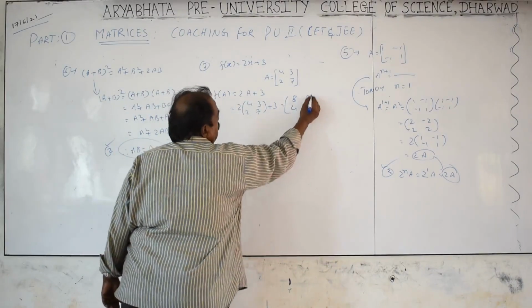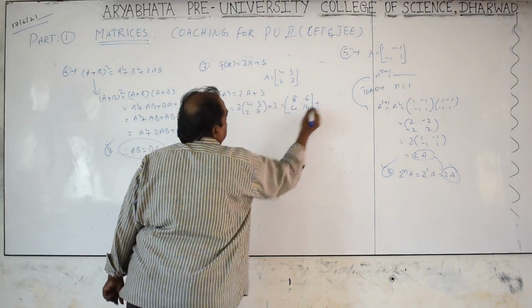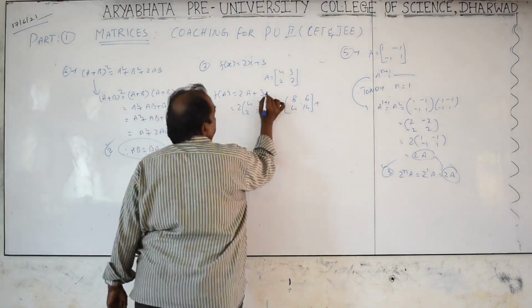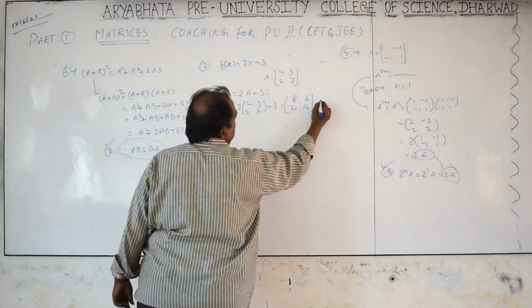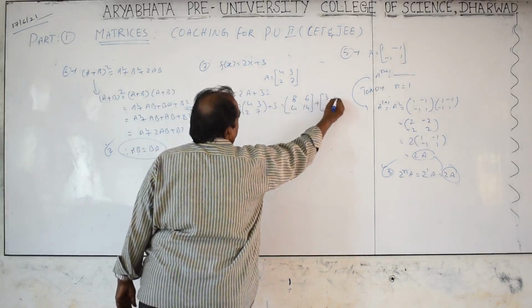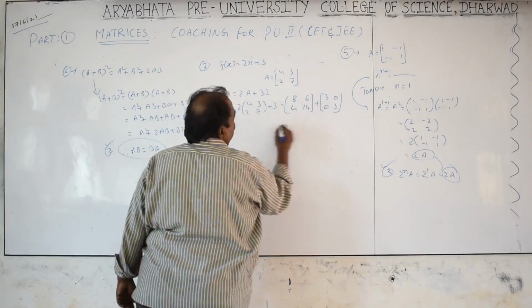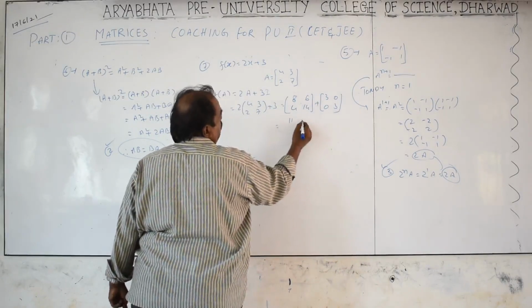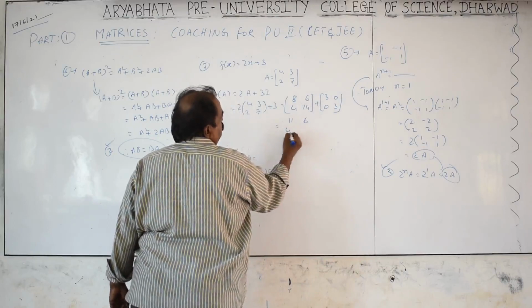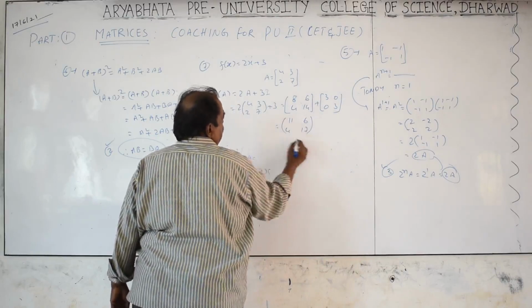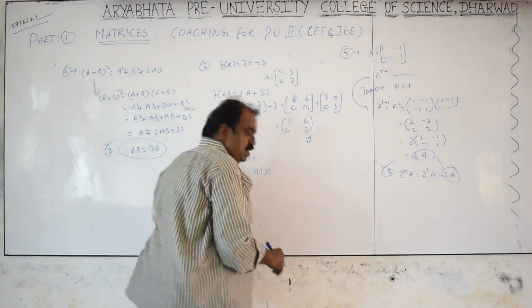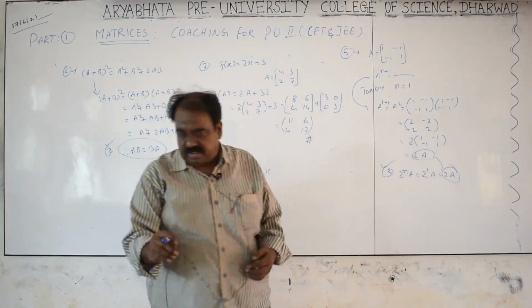Plus, I think this is 3I, which means it is 3, 0, 0, 3. So it is 11, 6, 4 and 17. Okay, like that we can solve the problem.